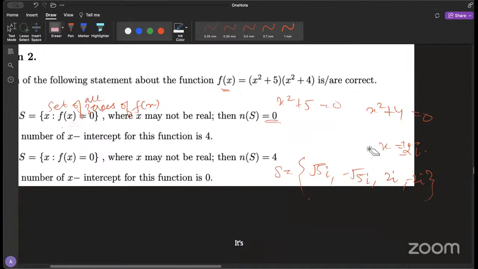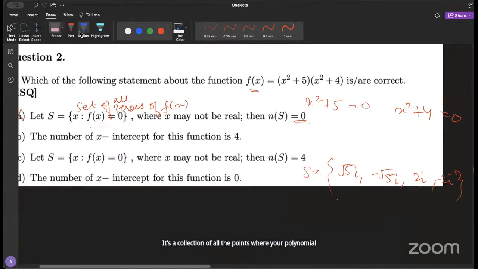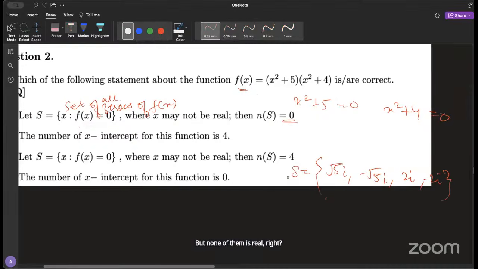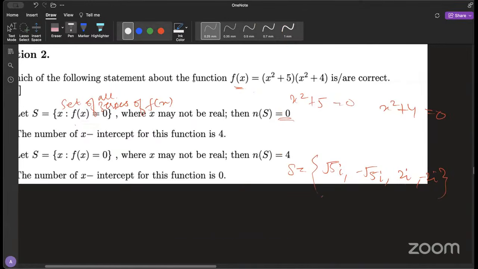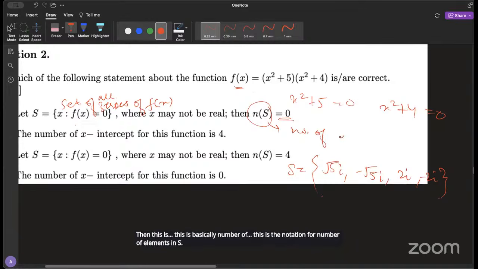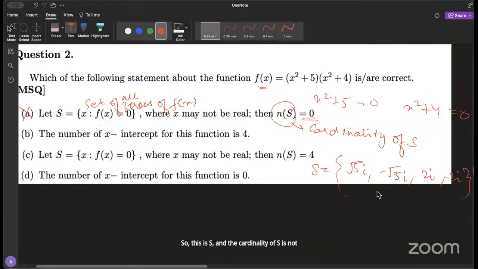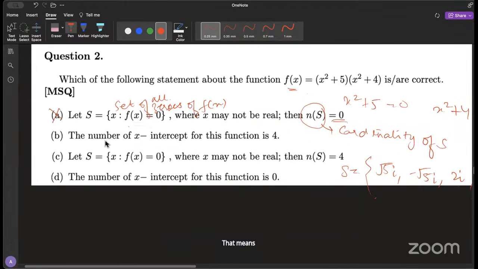It's the collection of all the points where your polynomial f(x) becomes 0. These are the points where it becomes 0, but none of them is real, right? Then this is the notation for the number of elements in S, basically the cardinality of S. So the cardinality of S is not 0, which means this is incorrect.